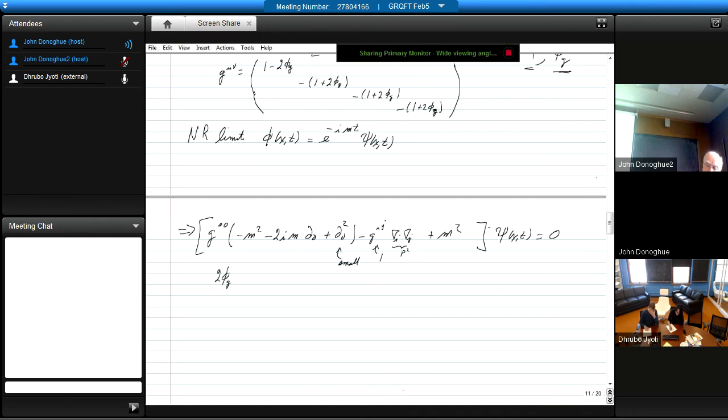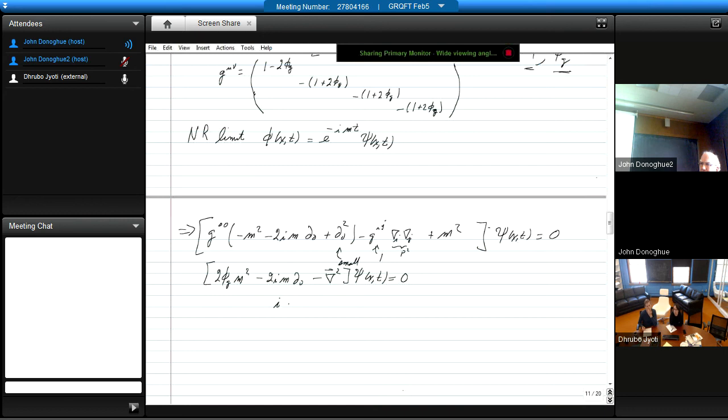I get 2 phi g m squared minus 2 i m d0 minus del squared psi of x and t equals 0. I rearrange this and divide by 2m.